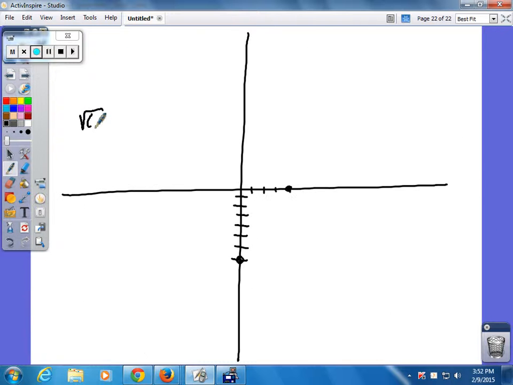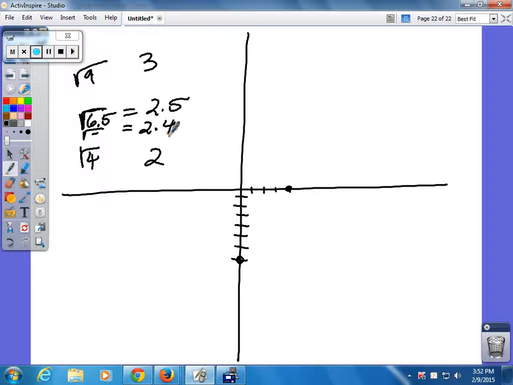Square root of 6 is between the square root of 4 and the square root of 9. Square root of 4 is 2. Square root of 9 is 3. 4 to 9 is 5. Half of 5 is 2.5, so the square root of 6 would be, what, 2.4?